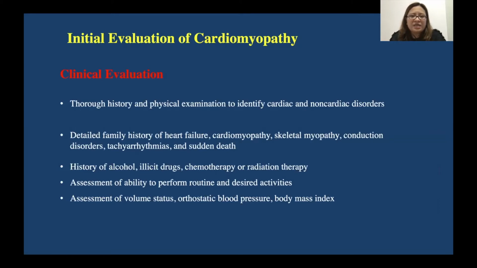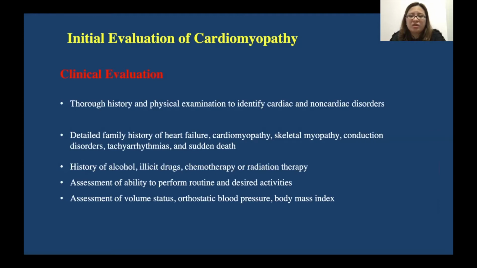You should assess the functional capacity by asking the patient his or her ability to perform routine and desired activities. Also, you should assess the volume status of your patient. Is the patient volume overloaded? Is there presence of orthostatic hypotension?